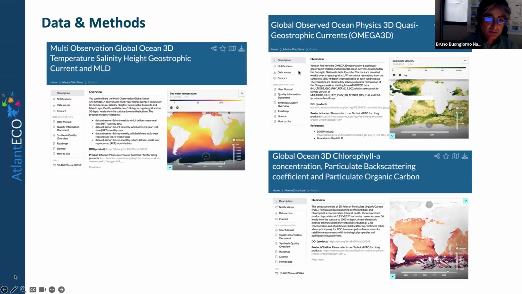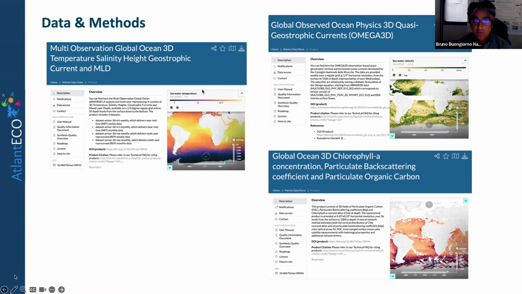So we did different tests, and we started in this case from already available 3D reconstructions. We used the temperature and salinity provided, again through the Copernicus service, by Armor 3D, which is a data-driven reconstruction at 1/4 degree resolution, weekly.